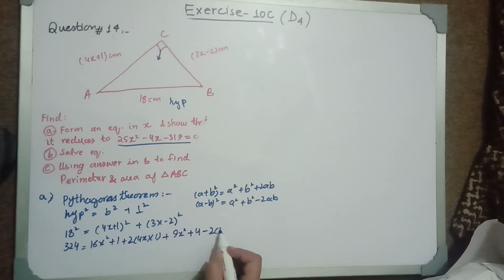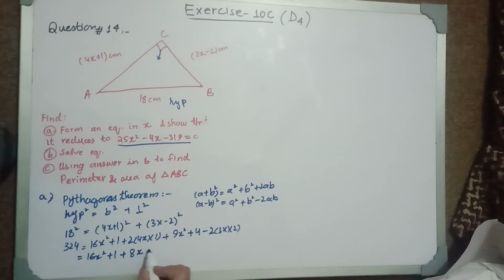Now minus 2 into 3x into 2. So it becomes 16x square plus 1 plus 8x plus 9x square plus 4 minus 12x is equal to 324, since 2 times 3 is 6, and 6 times 2 is 12.